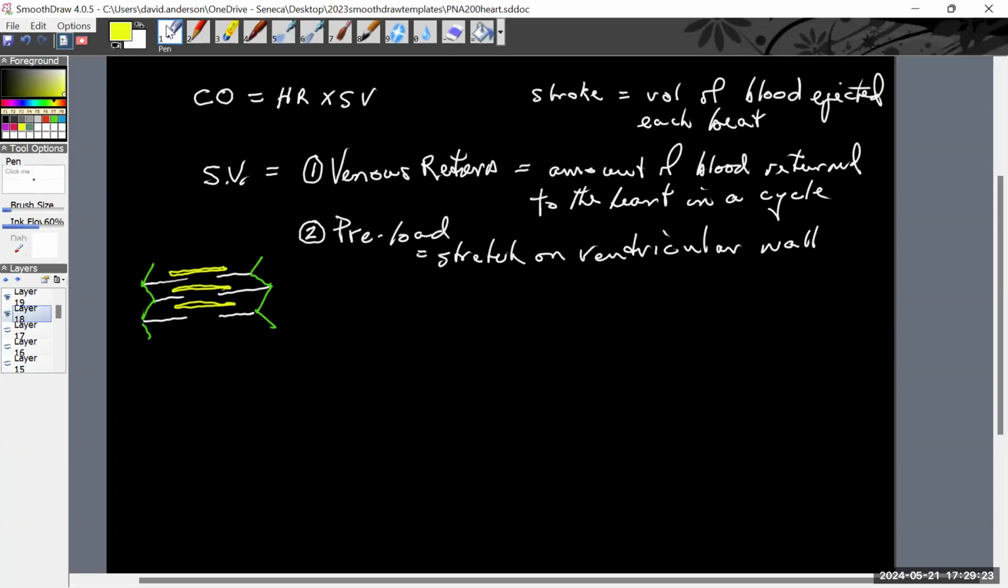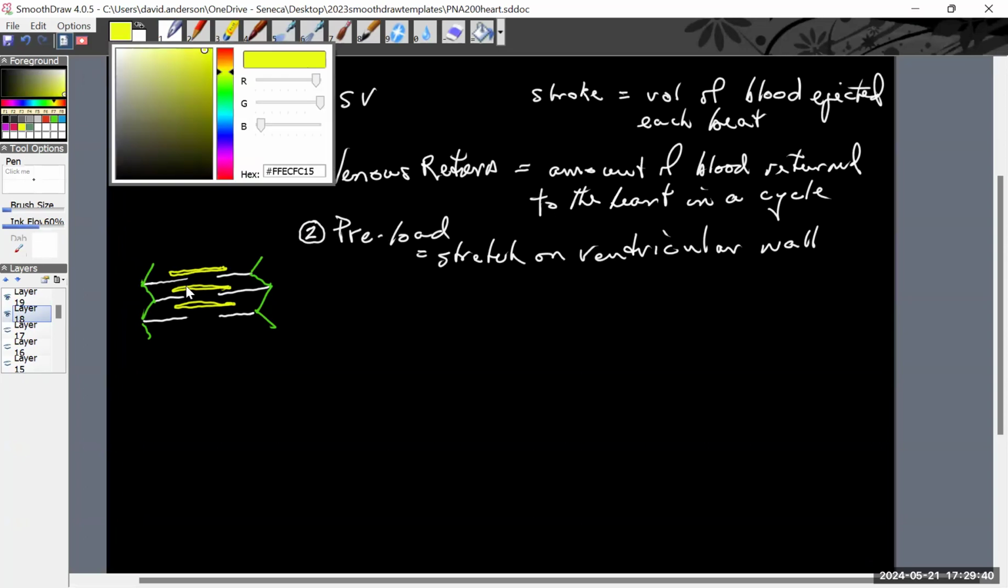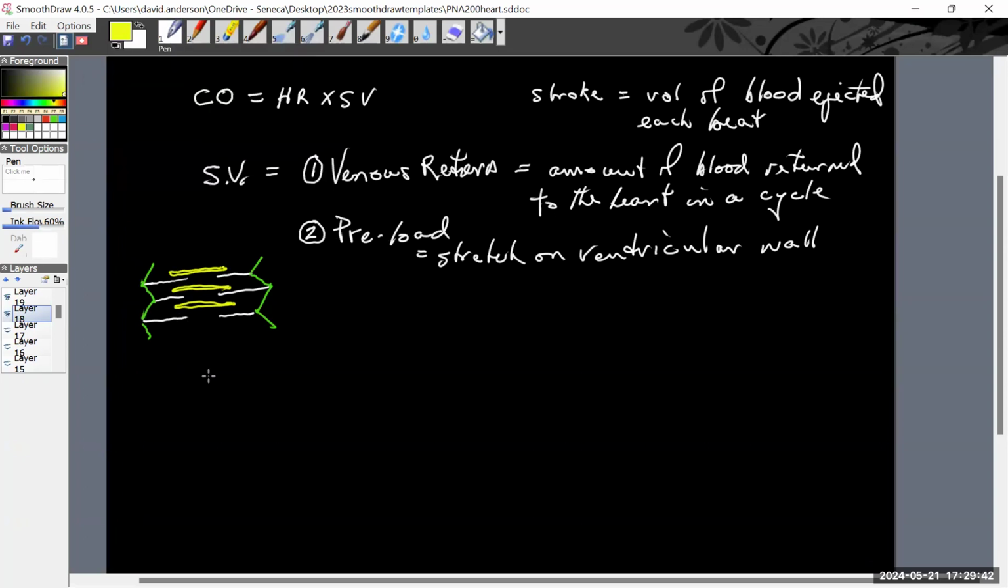Okay, so the overlap between the thick and thin filaments is what determines how much force of contraction we can have. So if we put a preload on this, our thick filaments can't change. Here are our thick filaments, same size, in the same location.